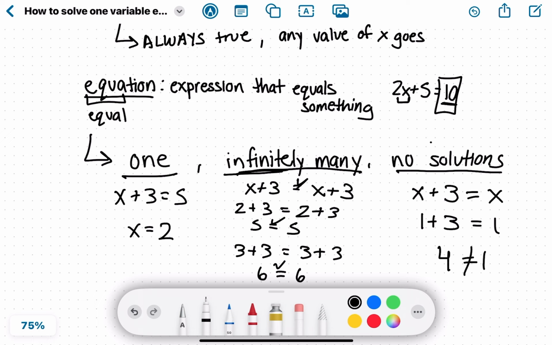Obviously, it's not, because you're doing something to the number, so it can't go back to its original form with only one operation. So, those were the three types of solution sets for equations, but today we're going to be focusing on those with one solution. So, let's get into it.